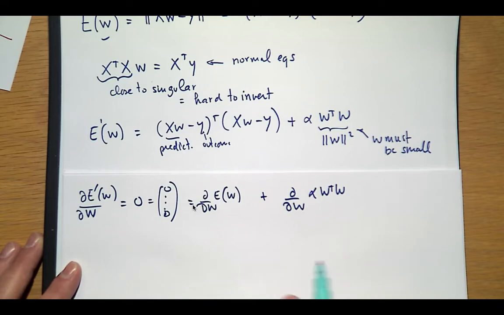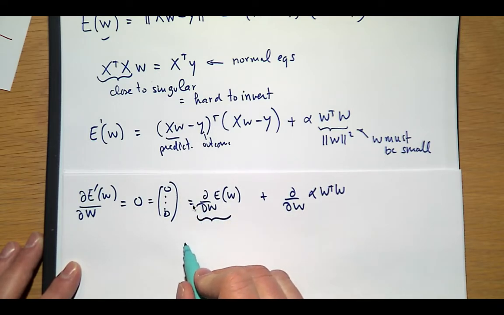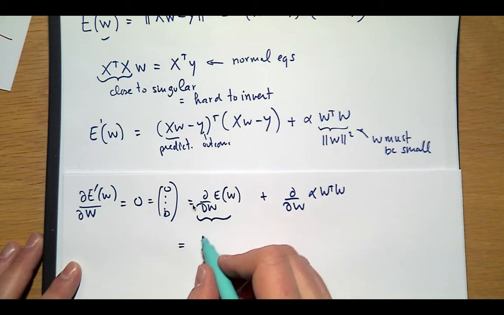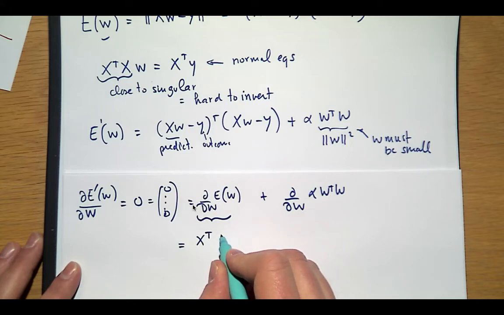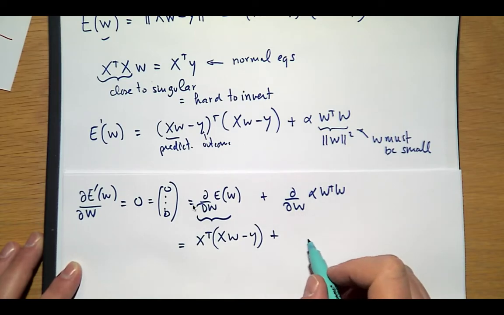And we know from the previous lecture that the gradient of the original loss will be something like X transpose XW minus this.